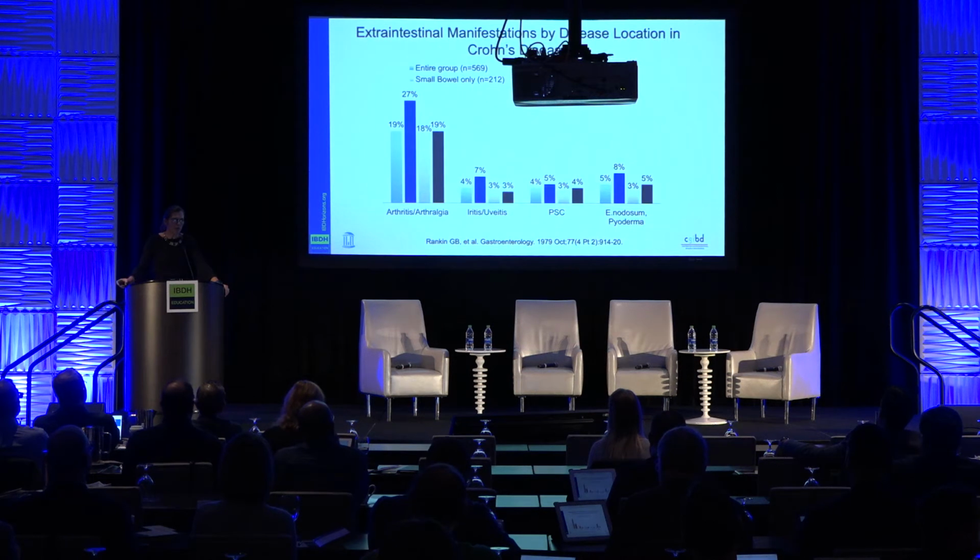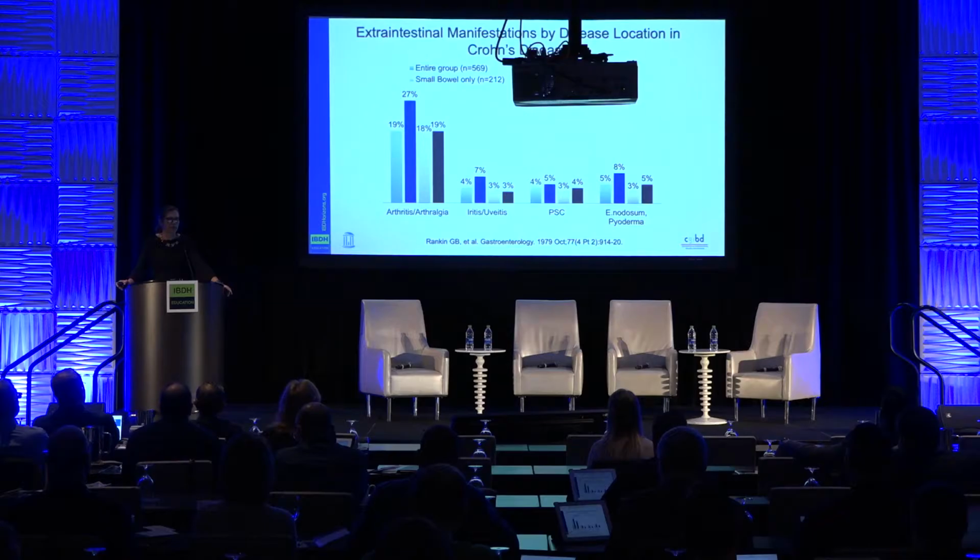This was an older study, but when you look by disease location, and I bet you all have seen this in your practice, it really seems to be those with colonic inflammation that have more of these extraintestinal manifestations. Colon only is visualized here in the dark blue. So regardless of the extraintestinal manifestation, the colonic involvement is an association. Certainly you can see it in any form of Crohn's disease, but that is a known association.